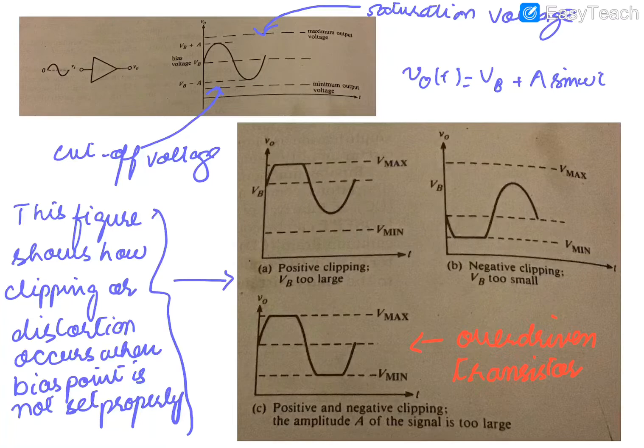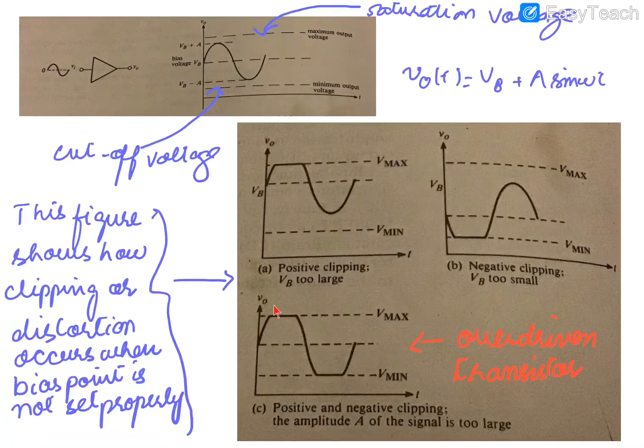Also, when you keep the input voltage too high, after multiplication with the gain of this amplifier, the output will be very large. It will be larger than the maximum and minimum limits.